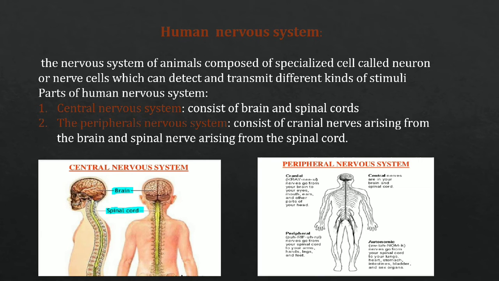The central nervous system consists of the brain and spinal cord. In this image you can see the central nervous system composed of the brain and spinal cord. Second is the peripheral nervous system. It consists of the cranial nerves which arise from the brain and spinal nerves which arise from the spinal cord.